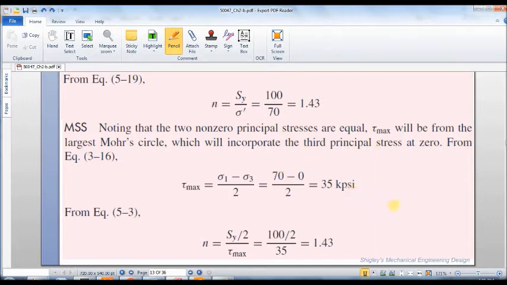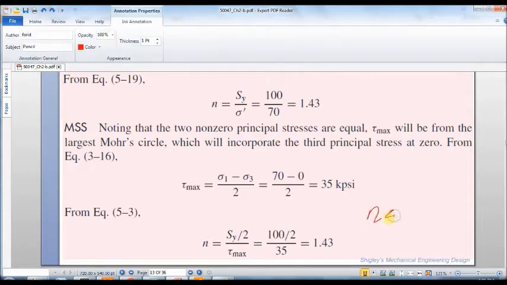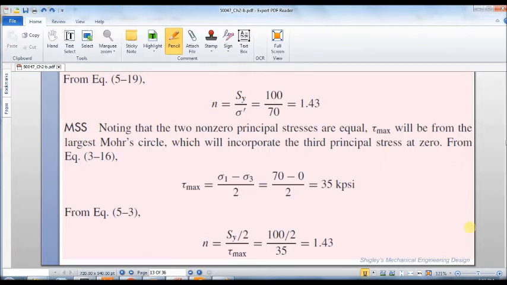Okay, the safety factor equals the shear strength at the yielding point, which we can write as Ssy, divided by the maximum shear stress. Sorry, let me write again.